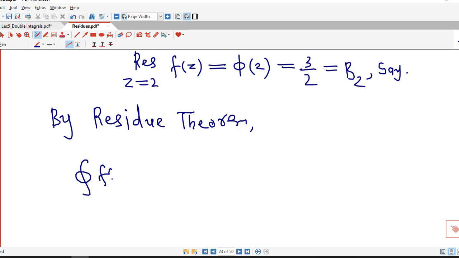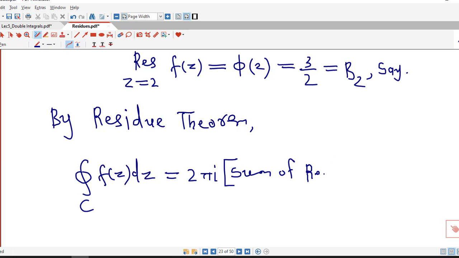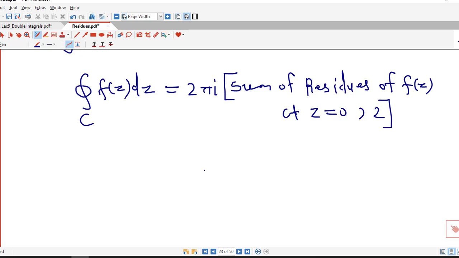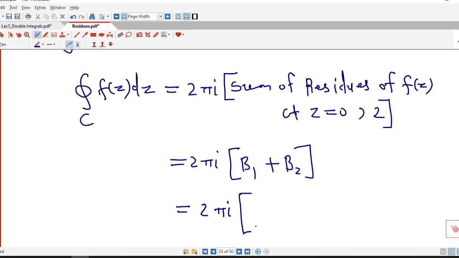the integral of f of z over C equal to 2 pi i times the sum of residues of f of z at z equal to 0 and z equal to 2. So the residue at z equal to 0 is b1 and the residue at z equal to 2 is b2. b1 was minus 1 by 2, b2 is 3 by 2.